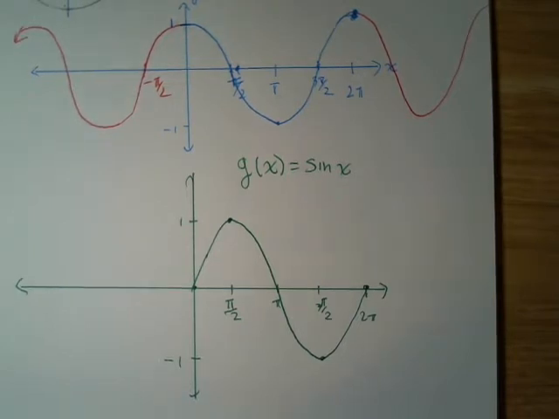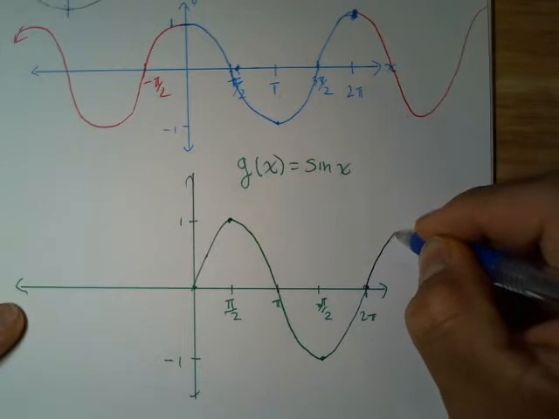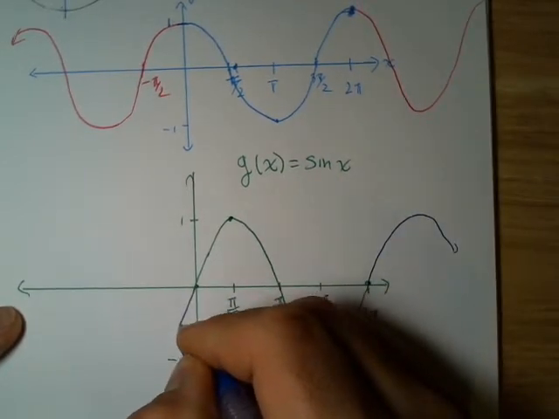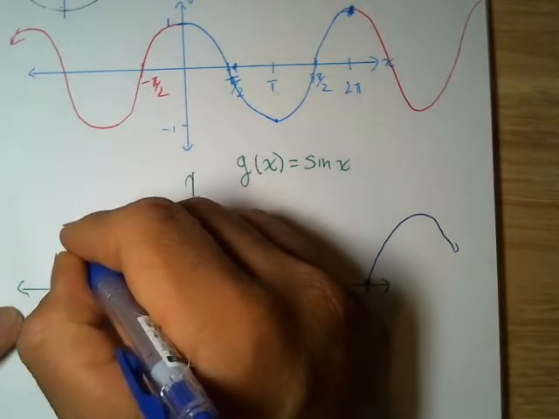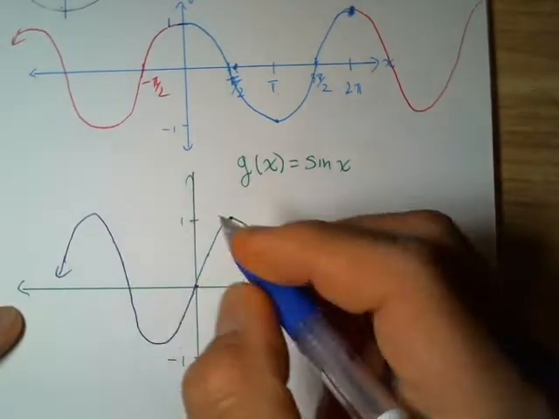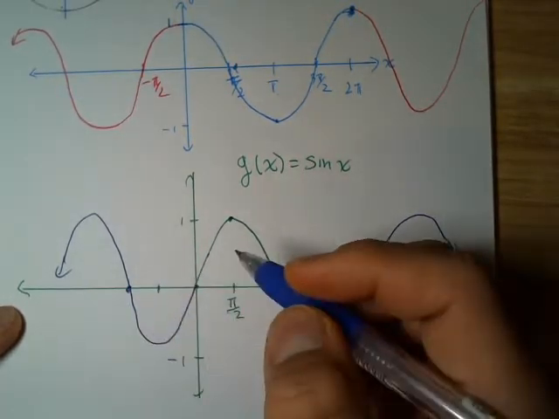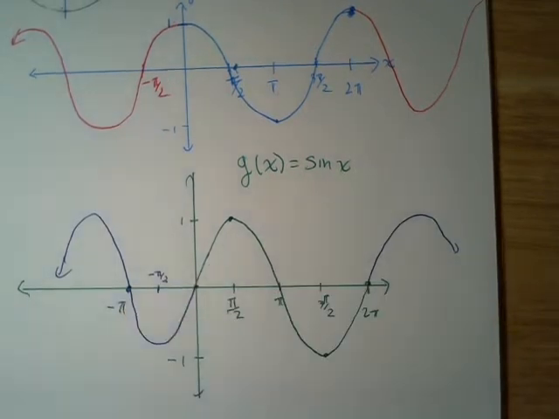And then similar to our cosine, this pattern will continue to repeat itself. And it has a nice symmetry here.